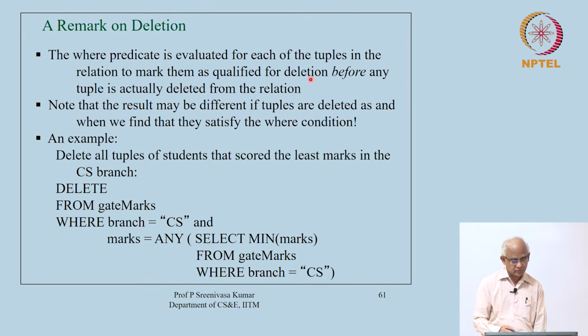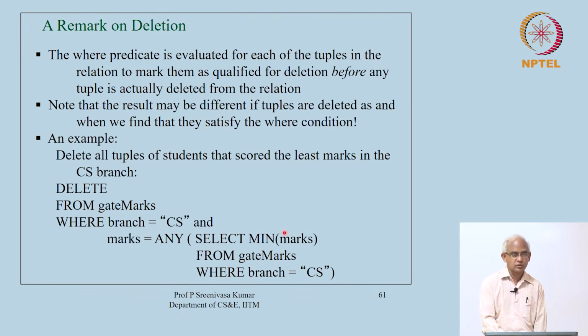You recall that we had a get marks table. So, delete all tuples of students that scored the least marks in the CS branch, let us say. Okay. So, delete from get marks where branch equals computer science and marks is equal to, you have a subquery to compute the minimum marks in the branch computer science.